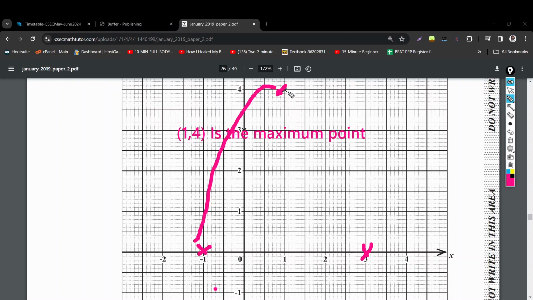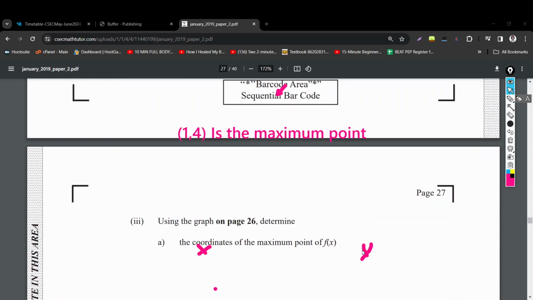Like, it goes up and over here, but between -1 for x and 3 for x, everything is below that line. So that's the only point. It has to be between -1 and 3.